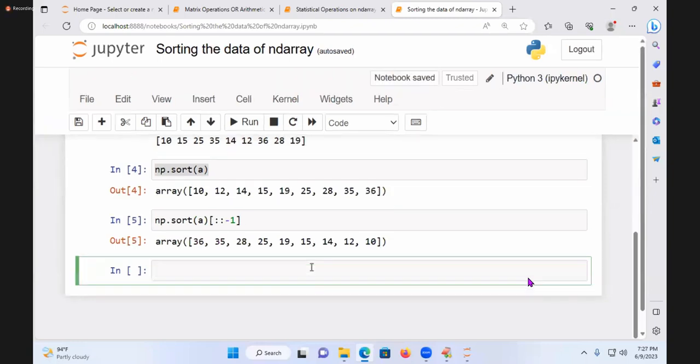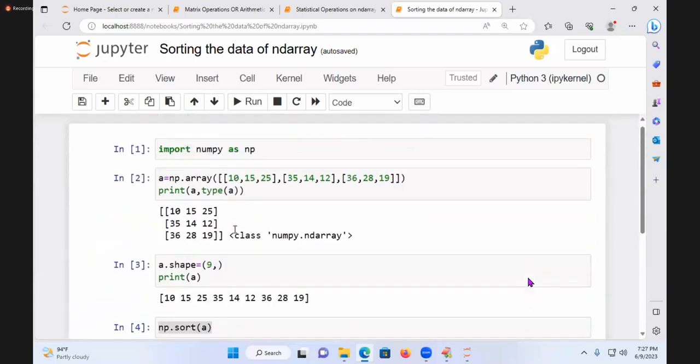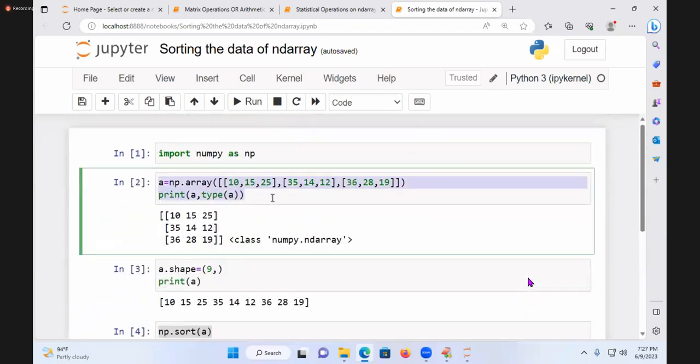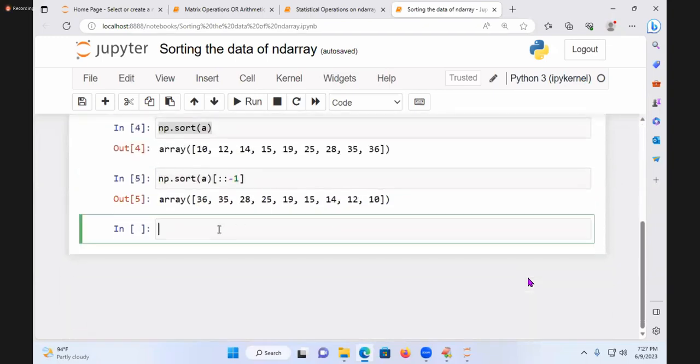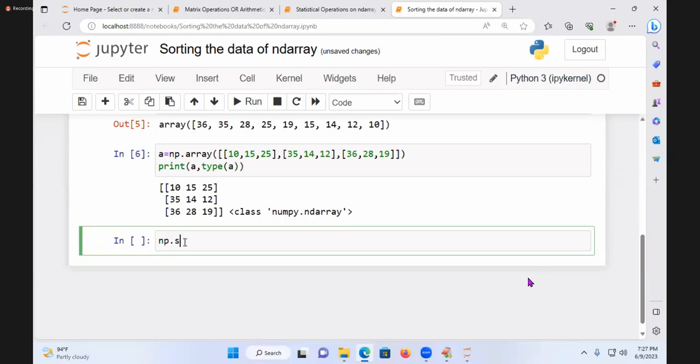Okay. Now it is more than enough. After this, you can reshape it also. No issue. But now I am going to take up this data once again. After that, I am applying NP dot sort of A, this time on a 2D array. You observe it. By default, is it row-wise sorting or column-wise sorting?